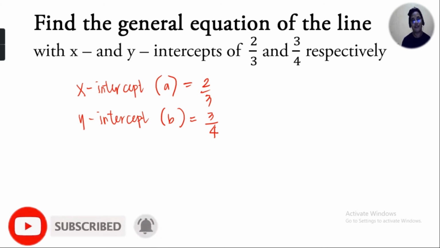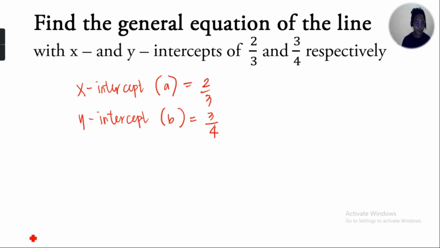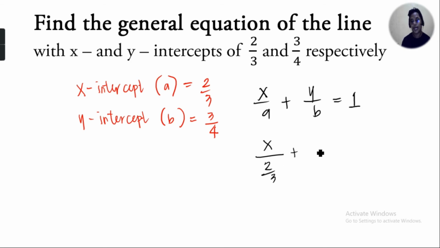So, pag meron tayong given na x and y intercepts, we can determine the equation using this one po. x over a plus y over b is equal to 1. We have the following given, a and b. So, x over 2/3 plus y over 3/4 is equal to 1.